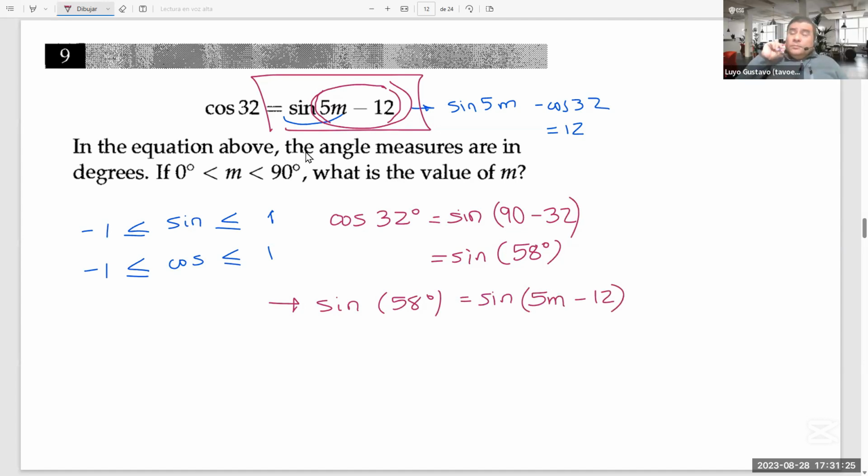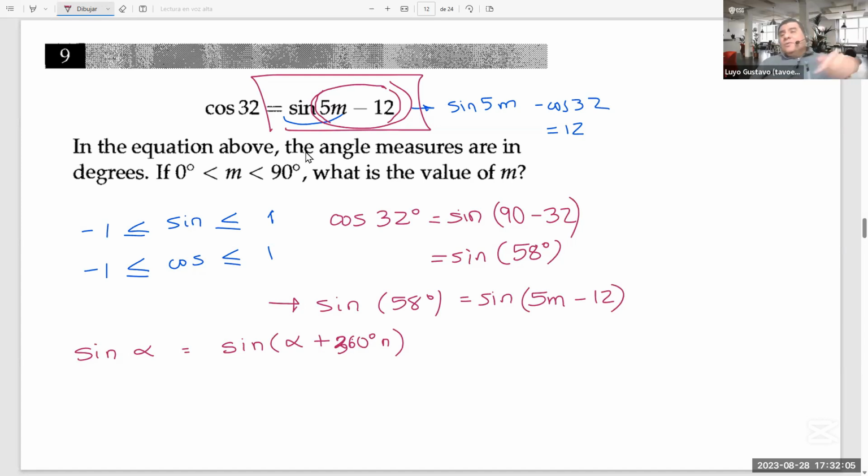It is true that the sine of two angles may coincide, not necessarily if the angles are the same. You can also have this: the sine of alpha is always equal to the sine of alpha plus 2π times n, or if you want with degrees, 360 times n, where n is a positive or a negative integer, no problem.